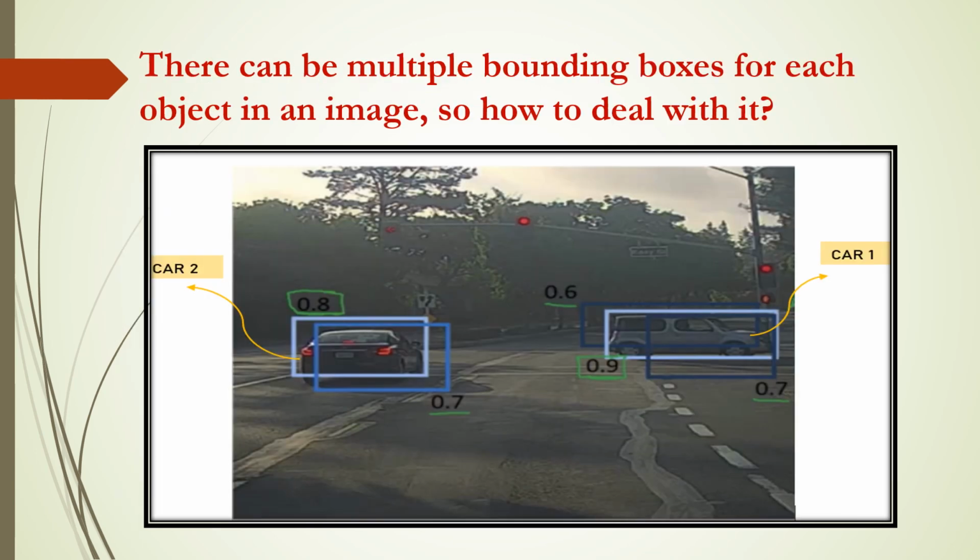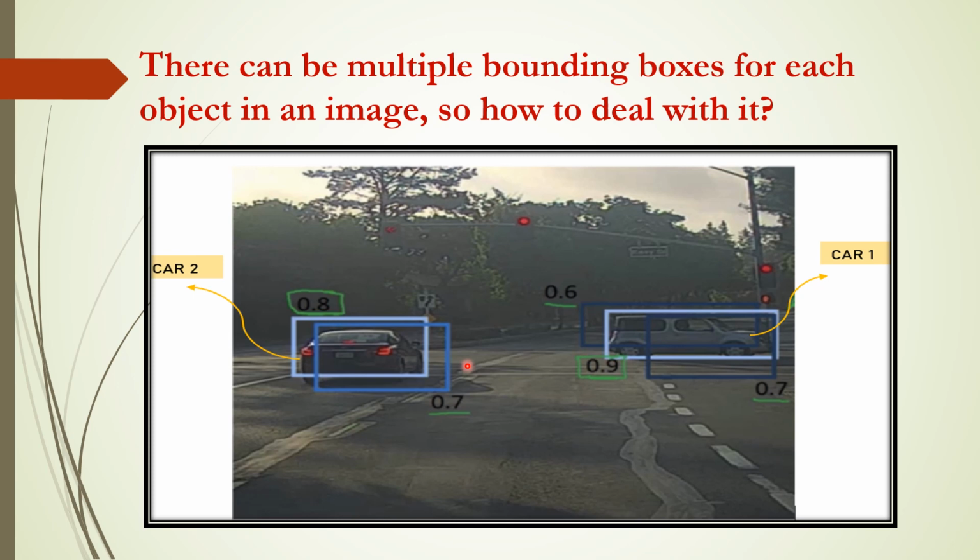The second challenge is that there can be multiple bounding boxes for each object. So how do we deal with this? The solution is non-maximal suppression, which is a way to make sure that your algorithm detects your object only once. Because you are running the image classification and localization algorithm on every grid cell, many of the cells may say that their PC, the class probability or chance of having an object in that cell, is highest.